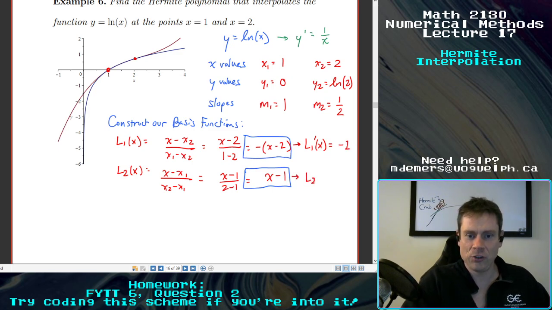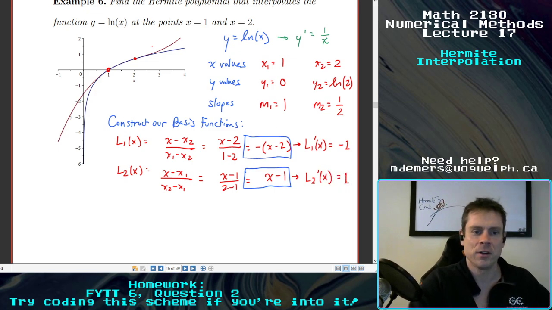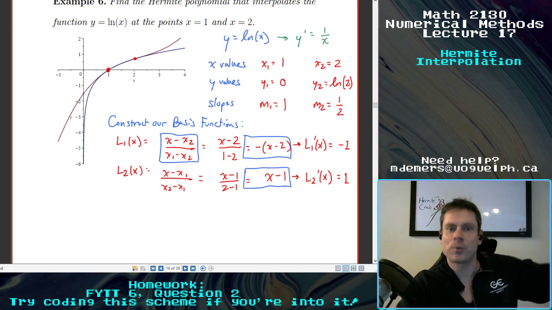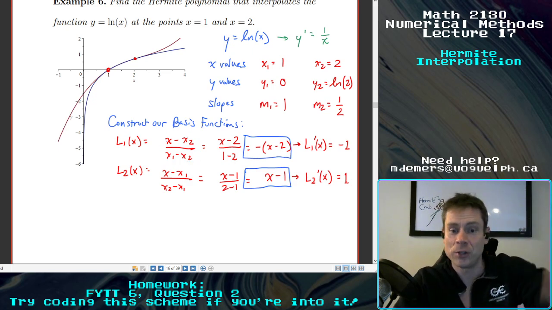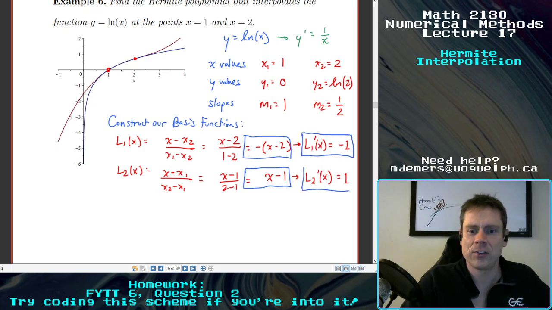And L2 prime of x, which also appears, is equal to positive 1. Just like that. So really simple, because the Lagrange basis functions here are just linear, right? So the derivatives should be constants. But in general, you could get functions of x here. So that's going to be useful to us. Okay, so this here is L1 prime, this one's L2 prime, this one here was L1, this one here is L2.